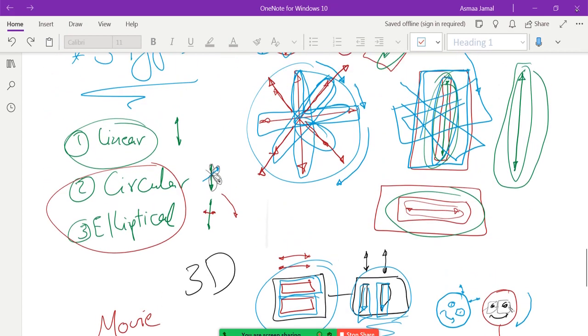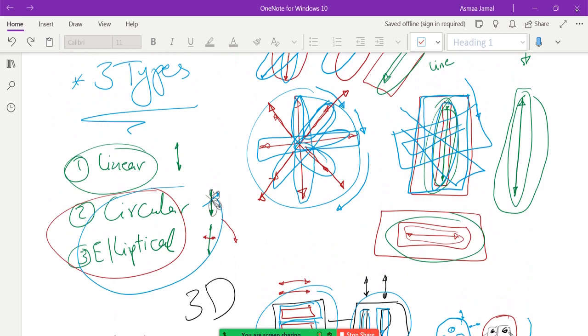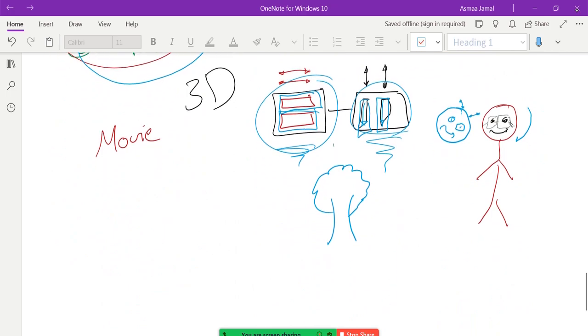To prevent that, they will use the circular polarization, which means using the rotation of the rotating filter. So now you can move your head in every direction you want, even if you sit upside down. No problem, you can see your movie as comfortably as you can.